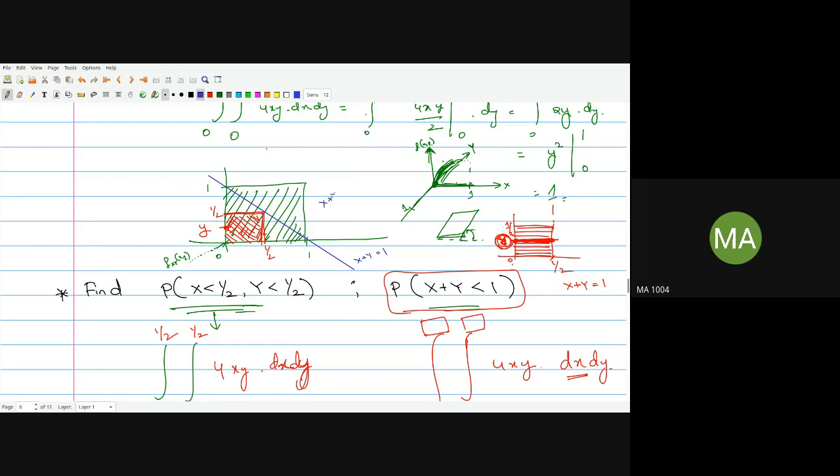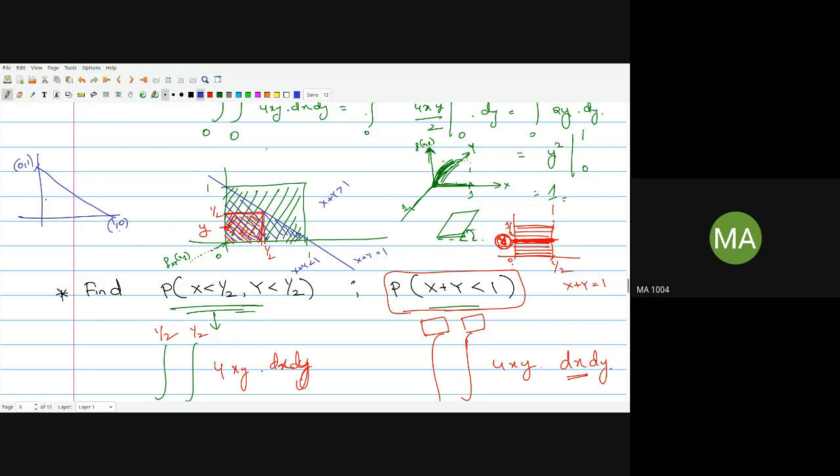One region will be x plus y greater than 1 and the other will be x plus y less than 1. We need the probability that x plus y is less than 1, so we need this region's probability. Now this is a triangle with vertices 0, 1 and 1, 0.